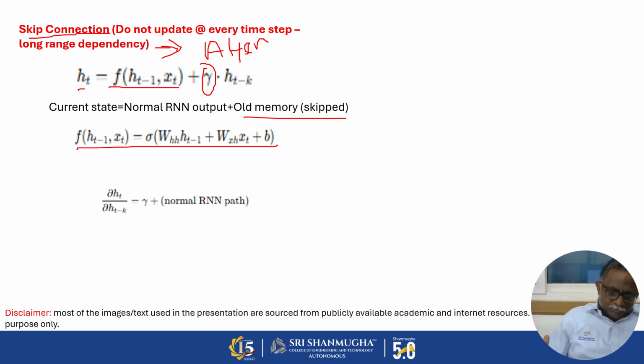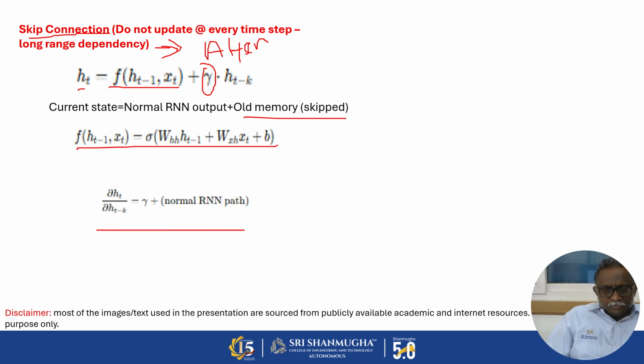It skips a few things, and that takes care of the vanishing issues. Since it skips many time steps, the gradient, instead of 100 time steps, will take care of 20 steps. As a result, it doesn't allow the network to become 0.